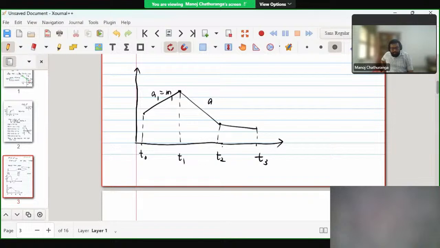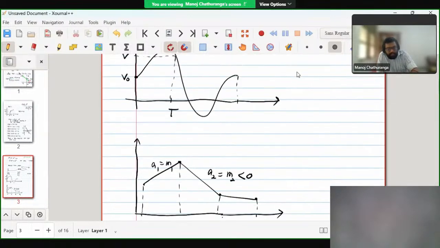Again, from T2 to T3, it is still decelerating, but the rate has decreased. So likewise, we can measure the slope.